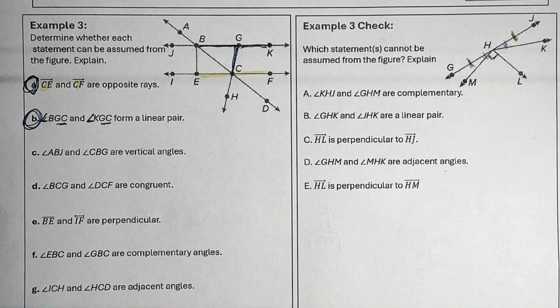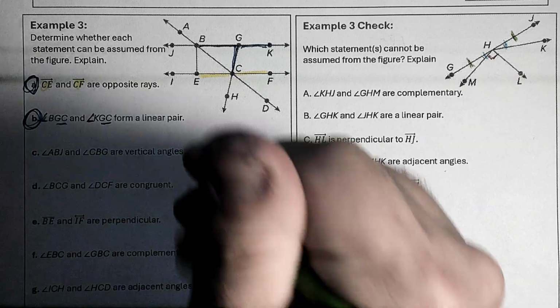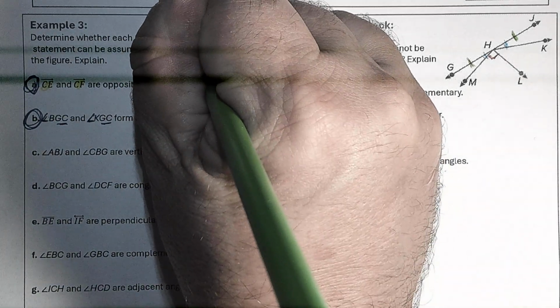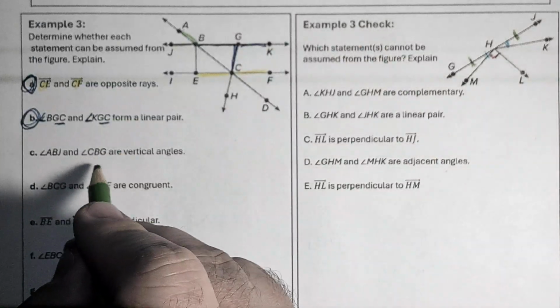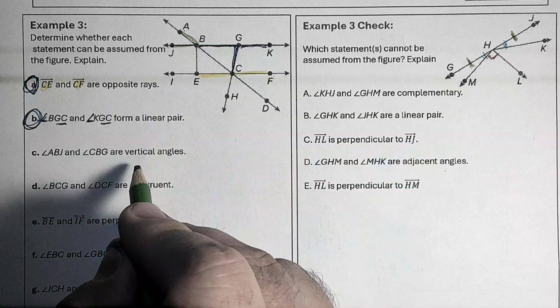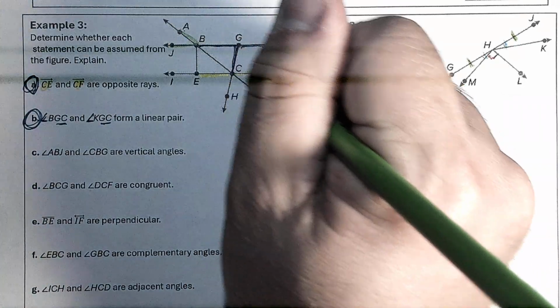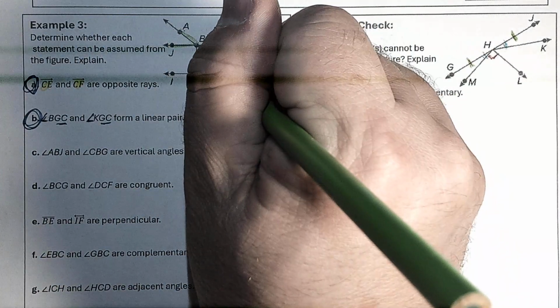Alright, let's find a different color, these are all pretty close, so we'll go green. Alright, so ABJ and CBG are vertical angles.